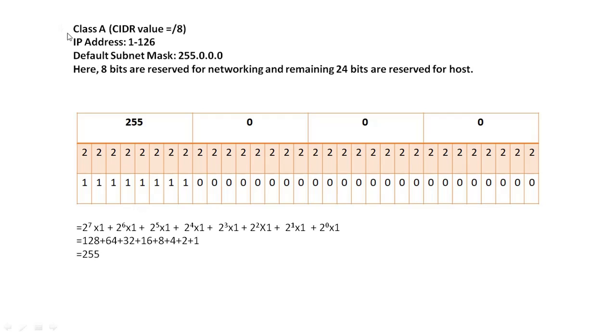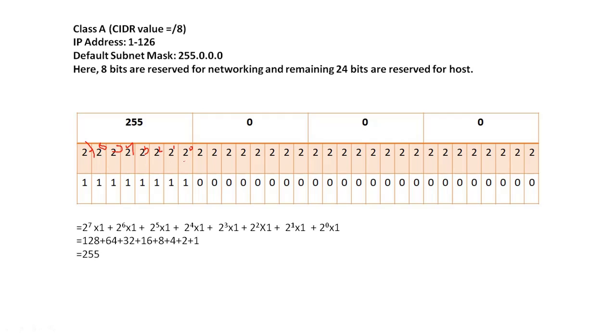So you can see further information here. Class A has a CIDR value of /8 because it has 8 network bits. You can count from here: this is 2 to the power 0, 2 to the power 1, 2 to the power 2, 2 to the power 3, 4, and this is 2 to the power 5, 6 and 7.